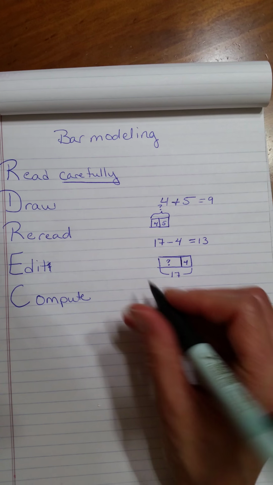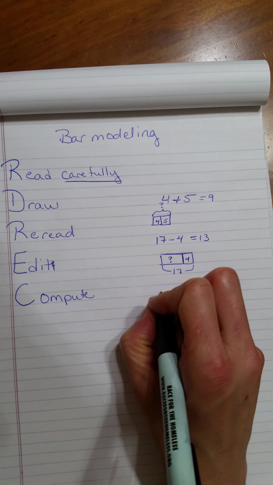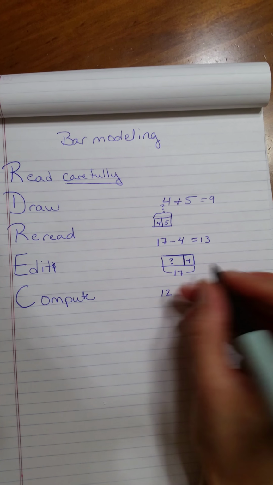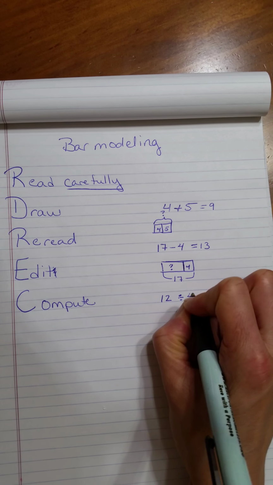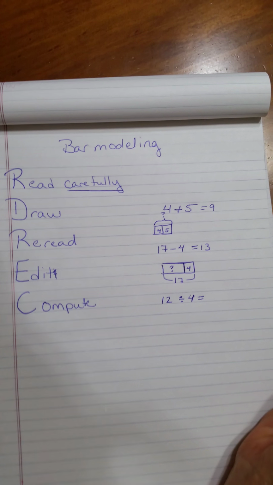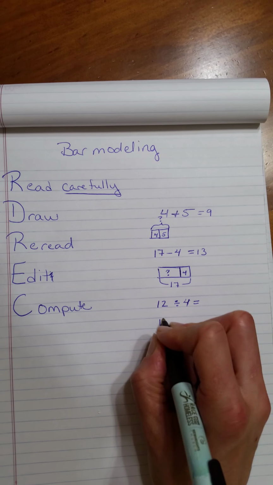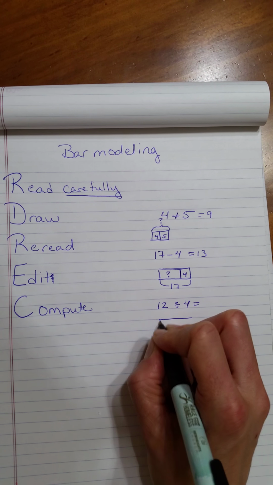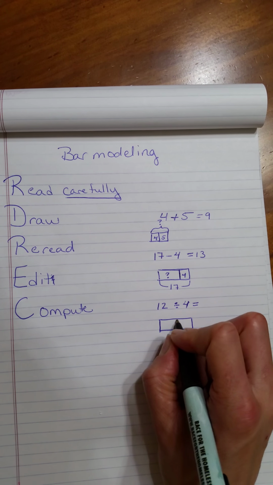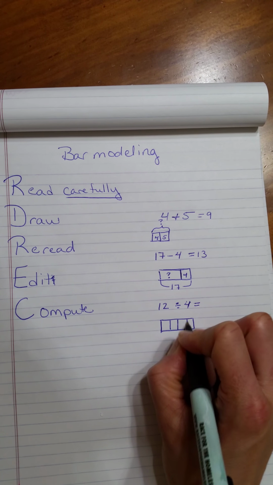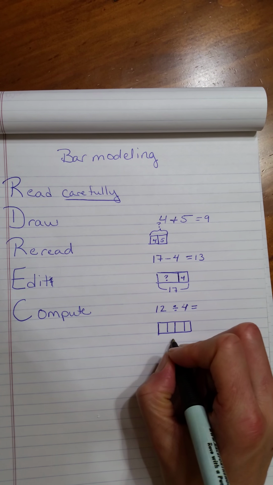Now let's say I am asked to divide 12 by 4. Okay. So 12 is my whole number. I'm dividing it into 4.